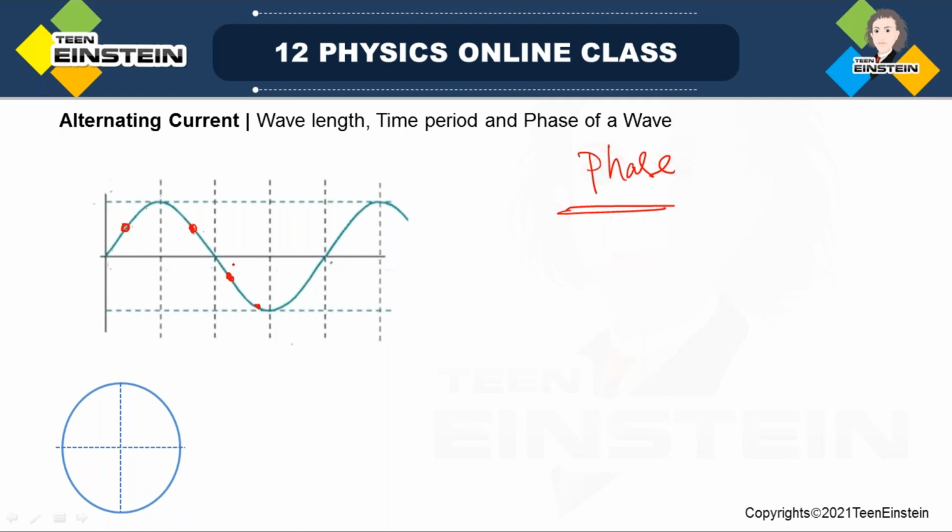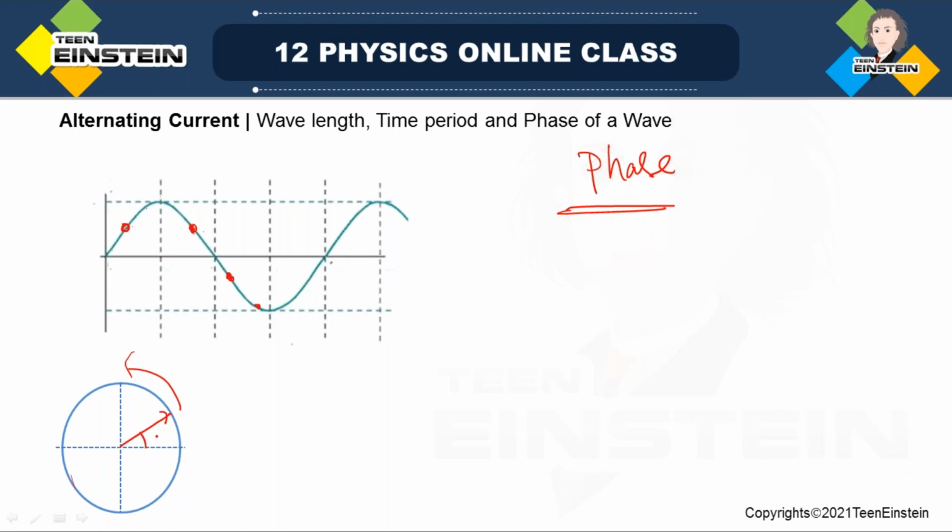Different phases. I'll just take this as a circle. If I start from here, we'll obviously be learning a rotating vector. This kind of sinusoidal signal can be generated by rotating a vector in the anti-clockwise direction. This is called the rotating vector method.